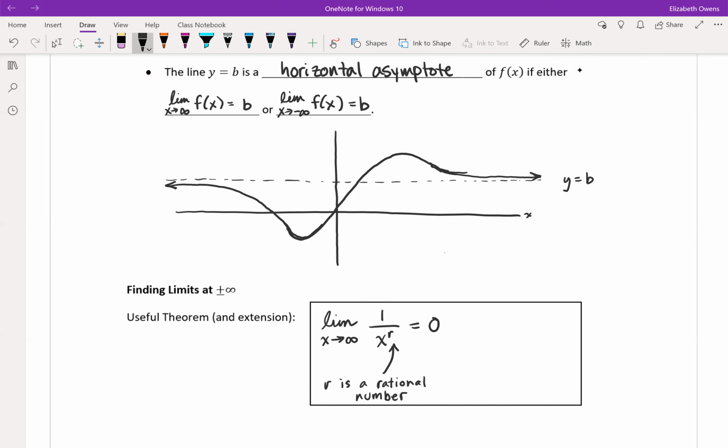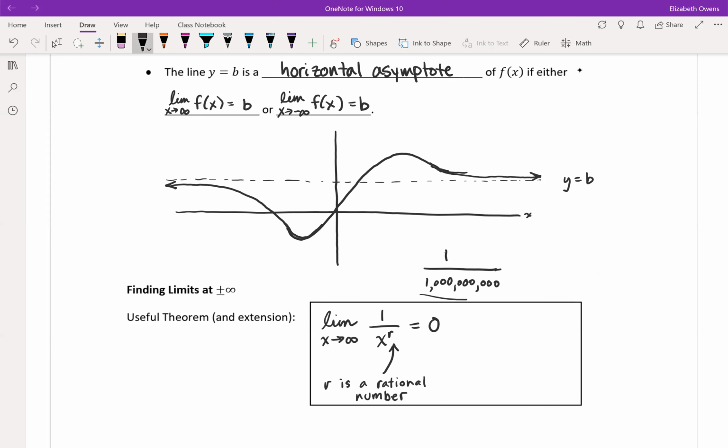So 1 over my number, 1 billion, is a very, very tiny number. That would be 0.000000001, something along those lines. Anyway, it's a very, very small value.